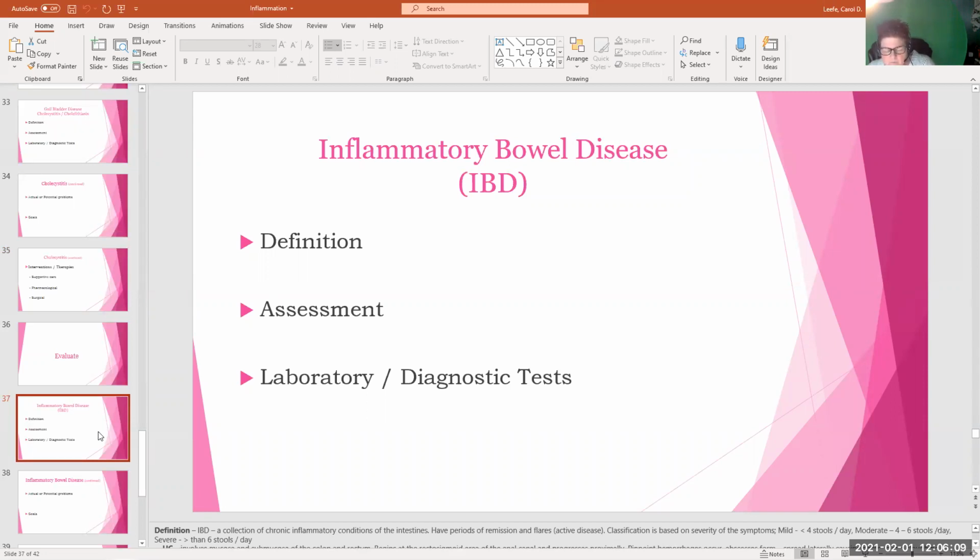So ulcerative colitis basically just involves the mucosa and submucosa of the colon and the rectum, okay? That's only where the ulcerative colitis is. Crohn's, however, can affect any portion of the GI tract from the mouth to the anus, okay?